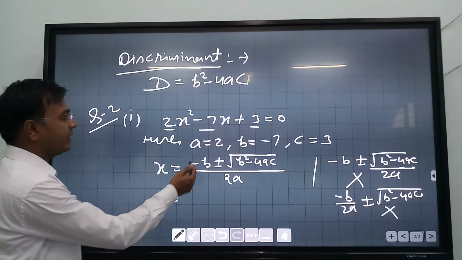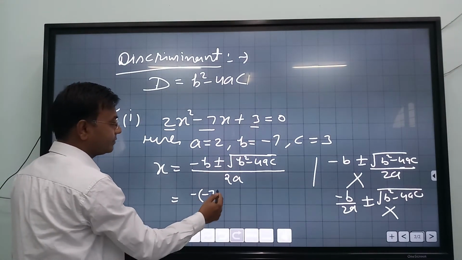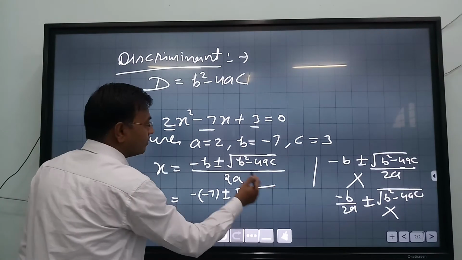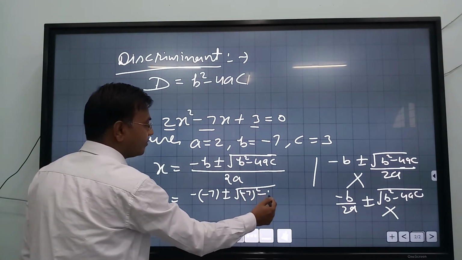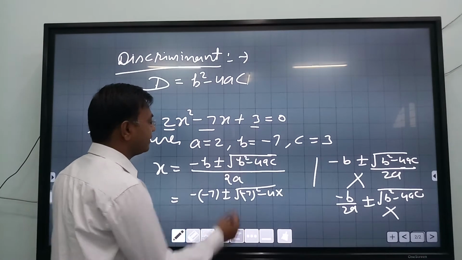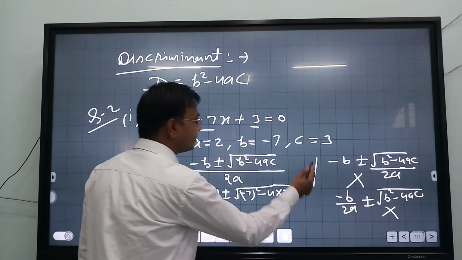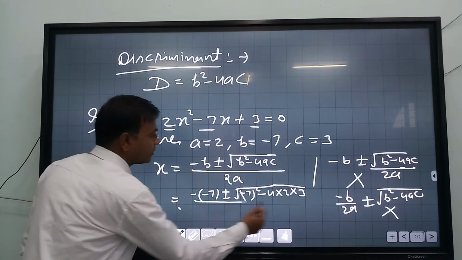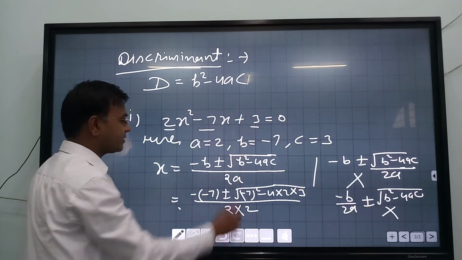Now substitute the values of a, b, c. Minus, what is b? Minus 7. b square means minus 7 square. Minus 4 into a, which is 2, and c means 3, upon 2 into a. What is a? a is 2.